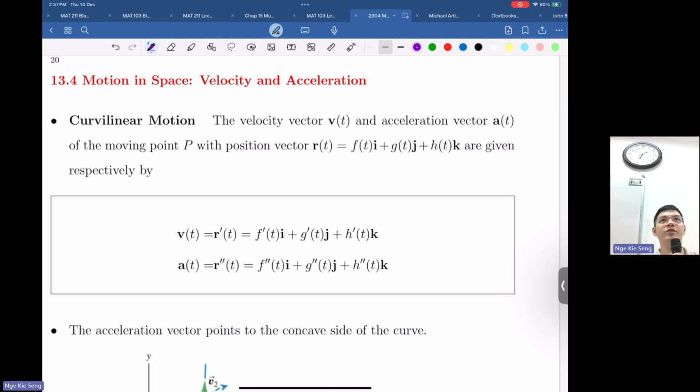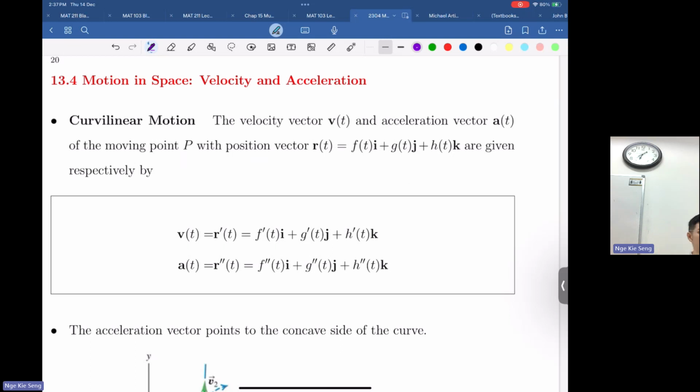You can think of a vector valued function as a displacement function, and then you differentiate, you get the velocity in space. If you differentiate twice, you get acceleration. The one variable case is like that: displacement, differentiate once, you get velocity, differentiate again, you get acceleration. So this is one variable.